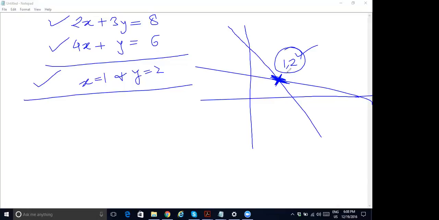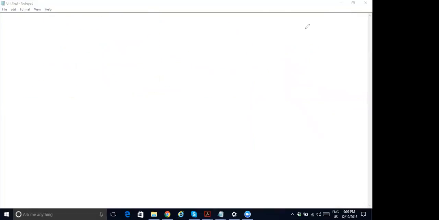And that is why we say this is the point of intersection. Make sense? Yeah, it's a point of intersection. That makes sense. Okay.